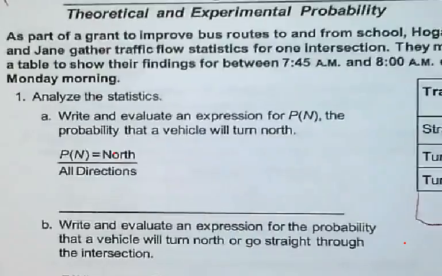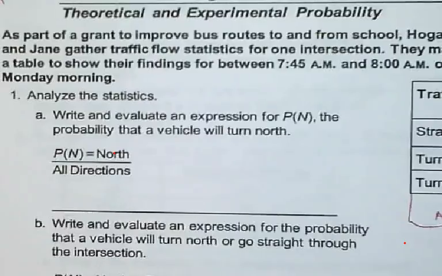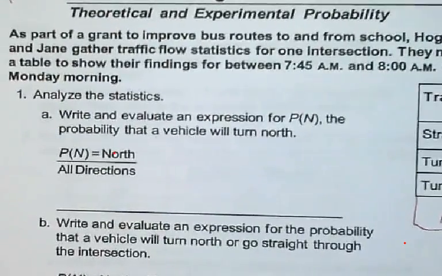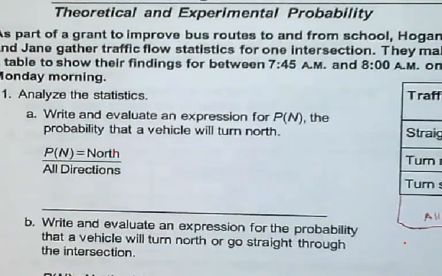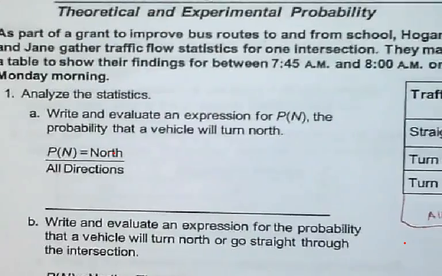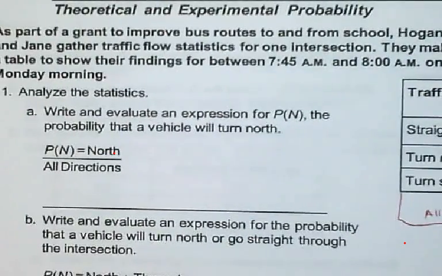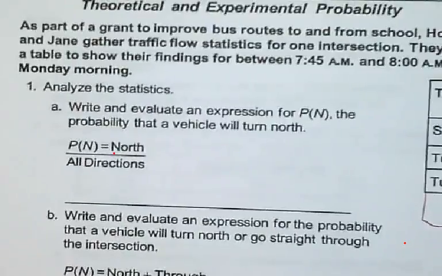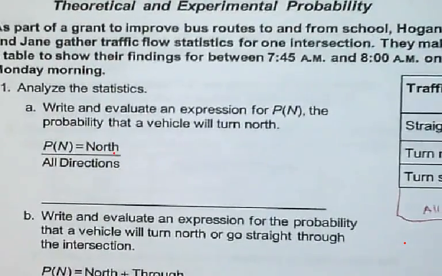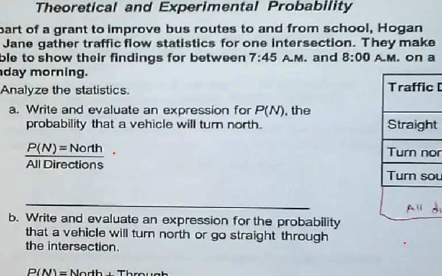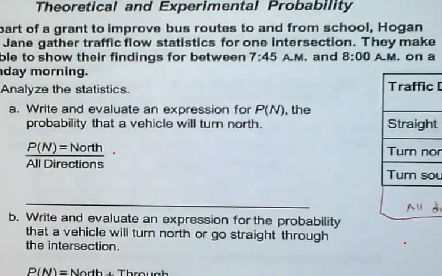So as part of a grant to improve the bus routes to and from school, Hogan and Jane, two people, gathered traffic flow statistics for an intersection. They make a table showing their findings that happened in the 15 minutes right before school started, right? On Monday morning. So we're going to look at these statistics over here, and we're going to find the probability that a vehicle turned north.